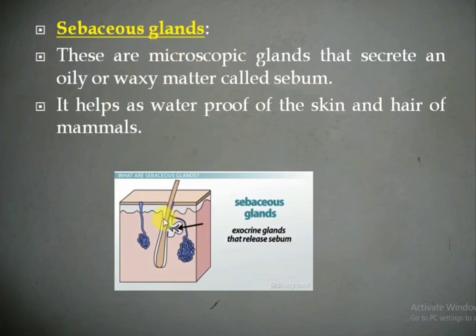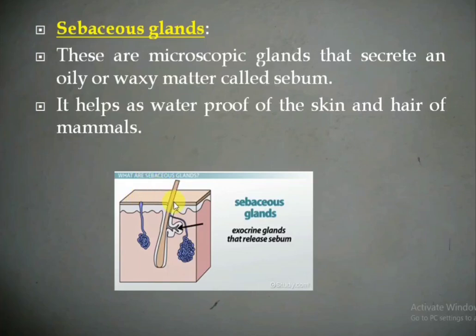Next we will see the sebaceous gland. Here you can see the sebaceous gland. Where is it located? This is also located inside the skin. These are very microscopic glands, meaning we cannot see them with the naked eye. They release a substance, sebum, outside of the body. How does this sebum help? It works as a waterproof.